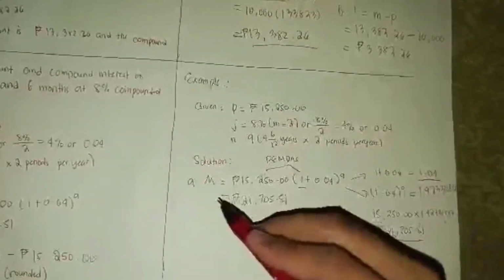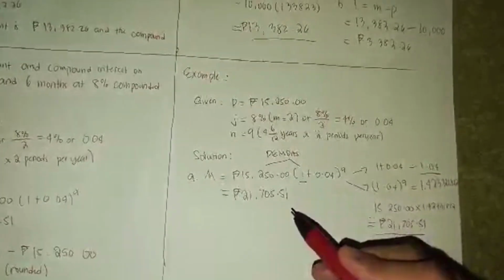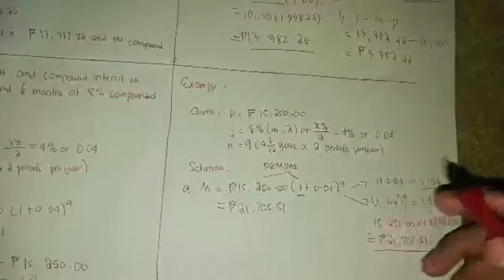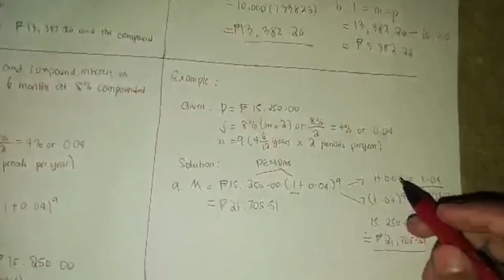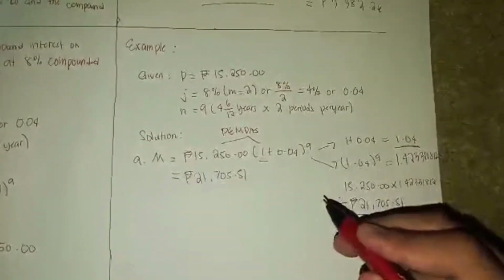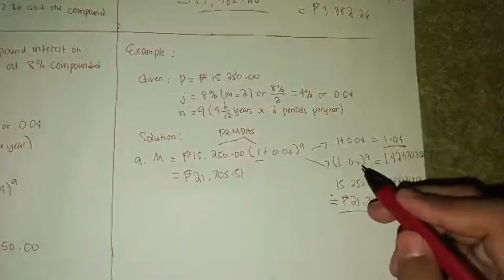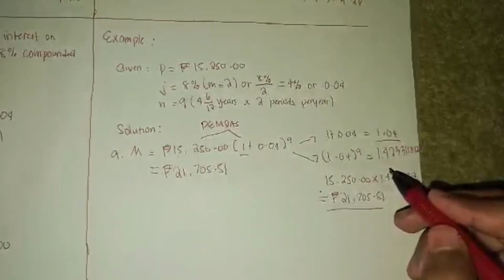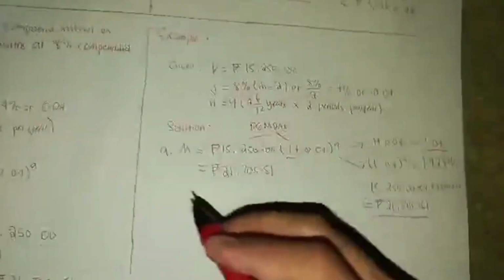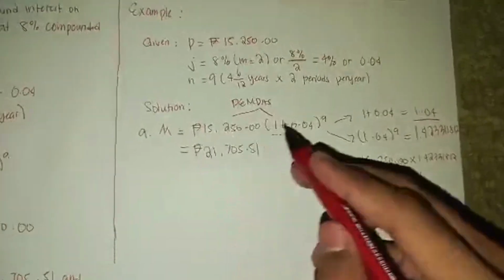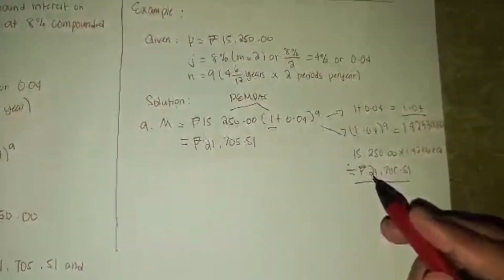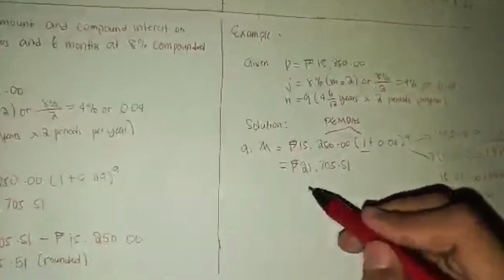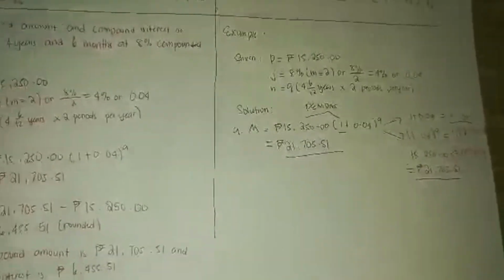This one, guys, is common in this solution. 1 plus 0.04 is equals to 1.04, and 1.04 to the power of 9 is equals to 1.423311812, and you will multiply it. 15,250.00 multiplied by 1.423311812 is equals to 21,705.51.